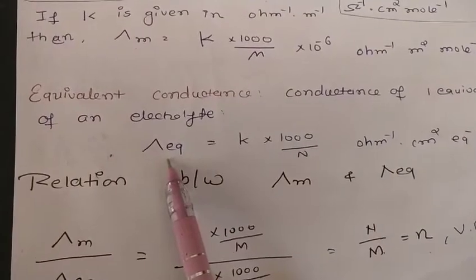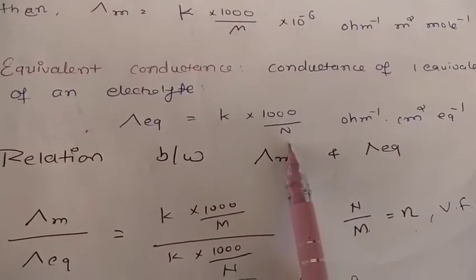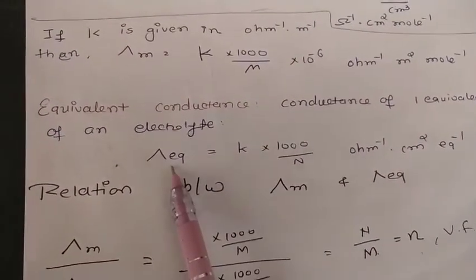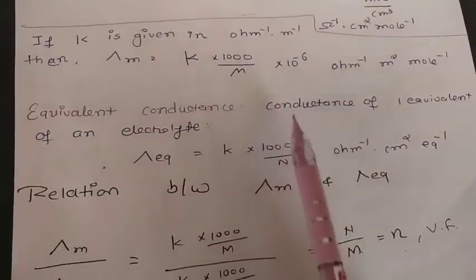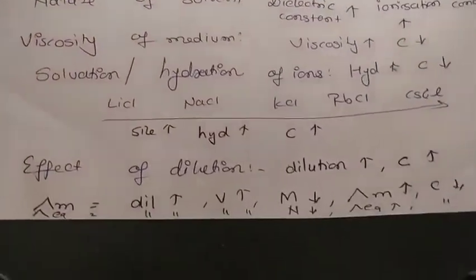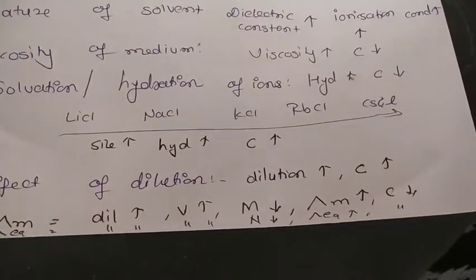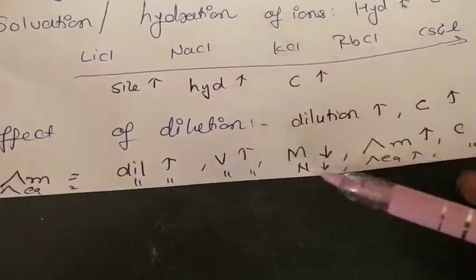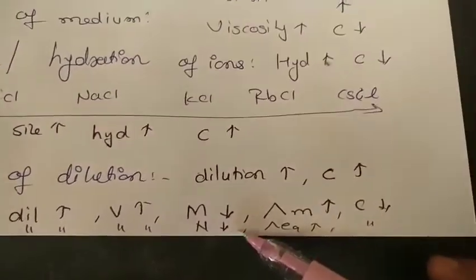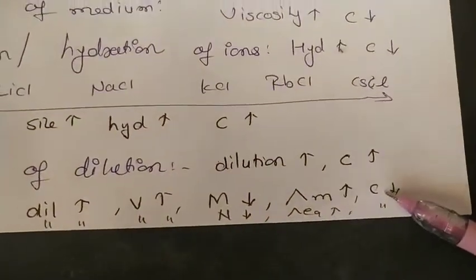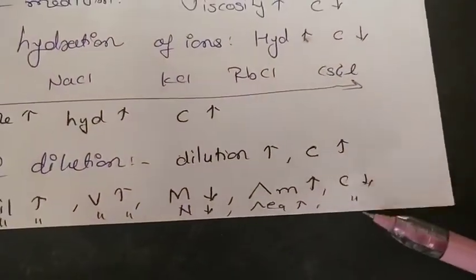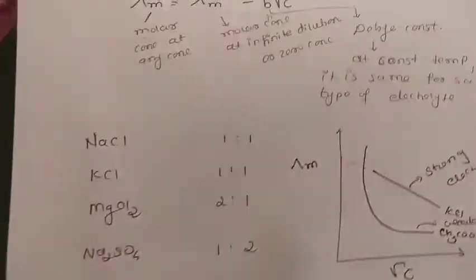Similarly, lambda equivalent has an inverse relation with normality. So if lambda equivalent or lambda m increases, then molarity or normality decreases. If molarity and normality decrease, the concentration is less, then ions will be less, and if ions are less, then conductance will be less.